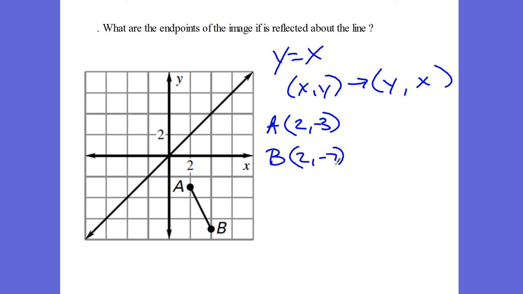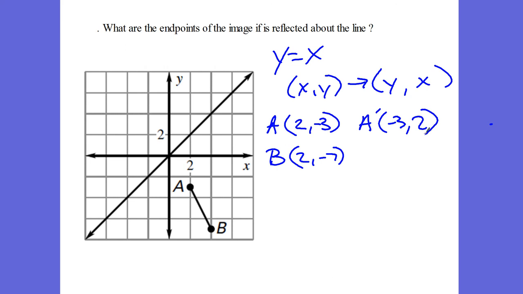Yes? Maybe? Okay. All right, so now on this one right here. So I have the rule for this one now. So my rule is going to be that A prime is going to be located at where? Come on, you guys. -3 and it's not that hard.